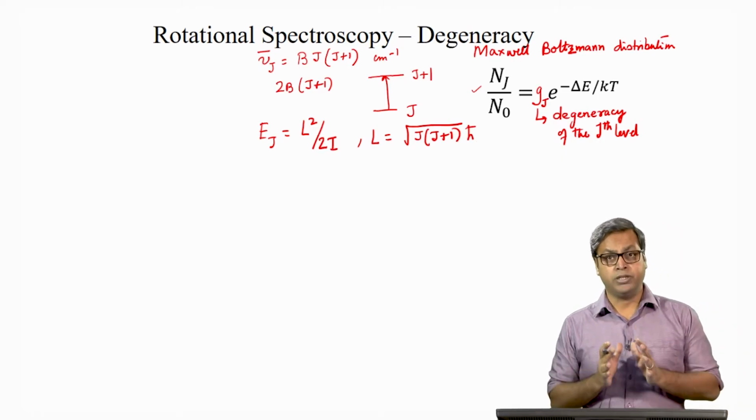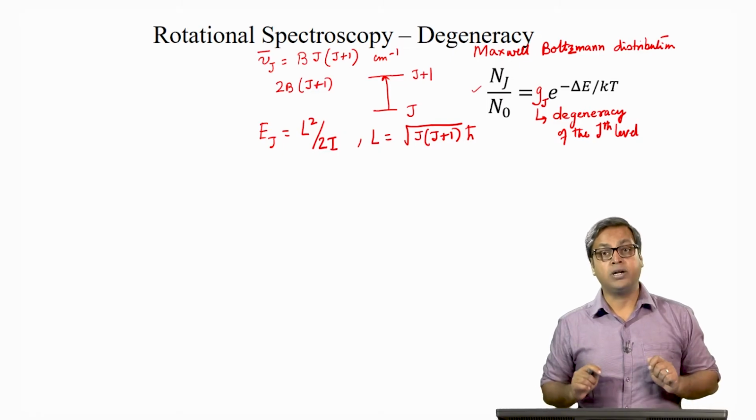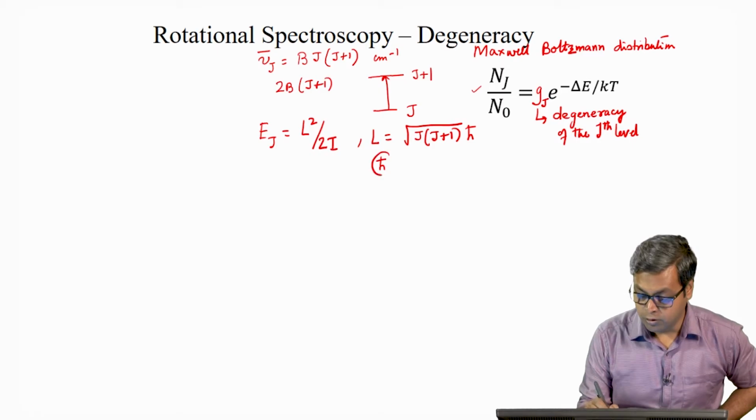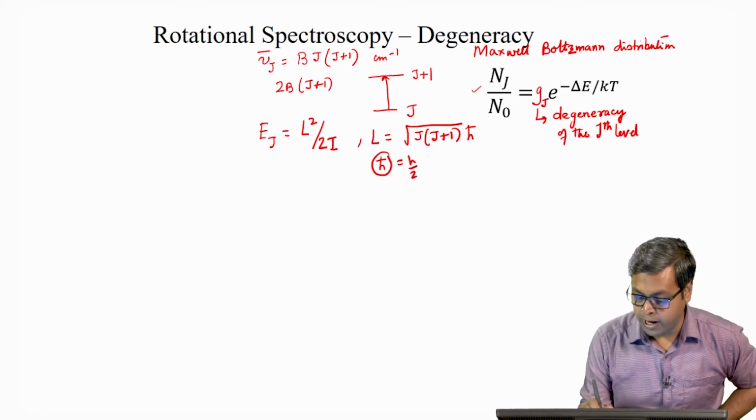As angular momentum, L, is quantized in units of h cross or h by 2 pi, we can write L equals root over j times j plus 1 units.